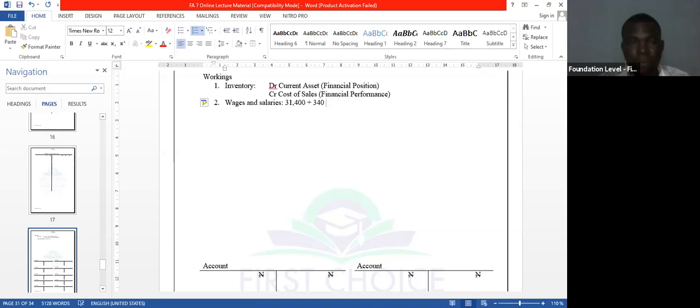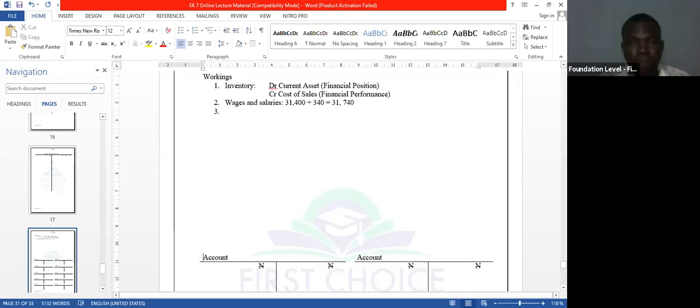So if I want to show it on my wages and salaries account, salary is an expense account, so it has a balance.